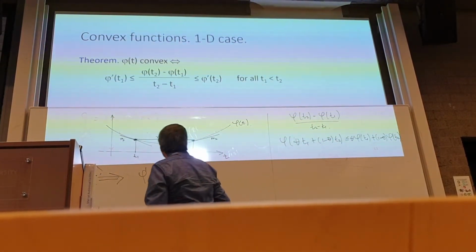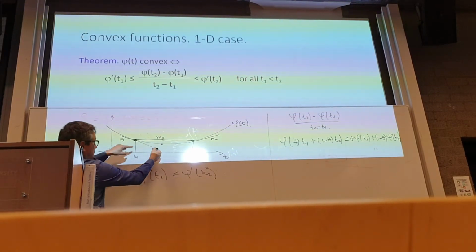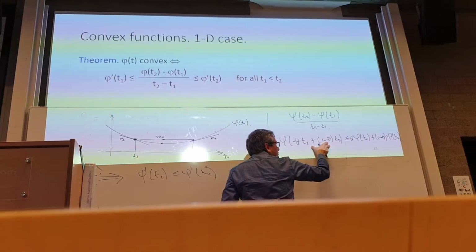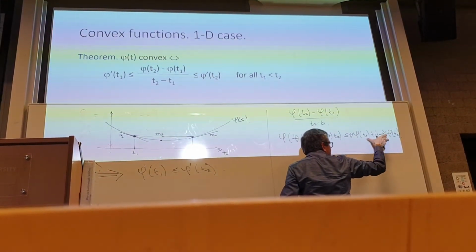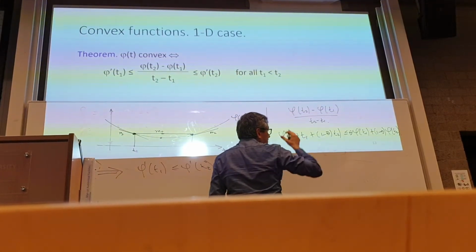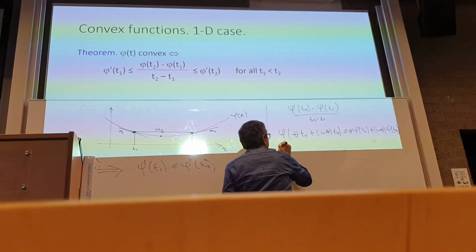Let me tell you the plan. The plan is now I'm going to make theta go to 1 such that my left side is going to T1, but I need to transform my right hand side such that I get this derivative. Okay, so I need to divide. So let me just keep working here.